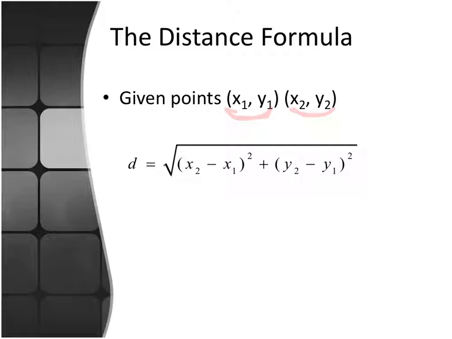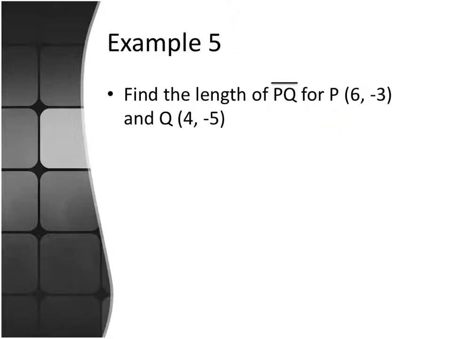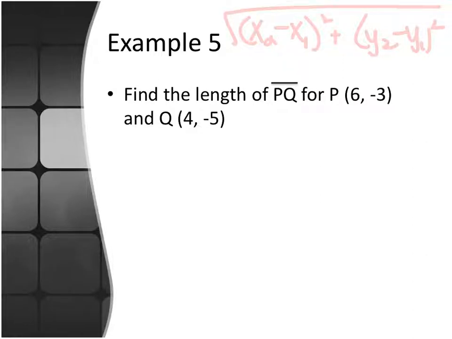Everybody get the formula down? Anybody still need it? All right, let's try to use this. I'm going to rewrite it at the top: x2 minus x1 squared plus y2 minus y1 squared, all under a square root. This is ordered pair number 1, x1, y1, and this is ordered pair number 2, x2, y2.